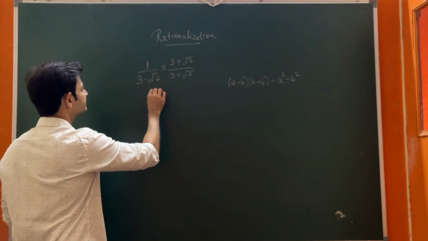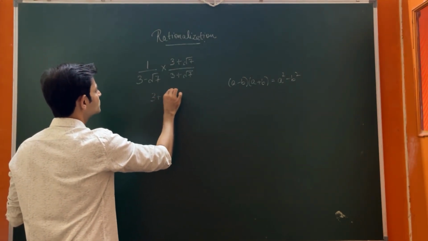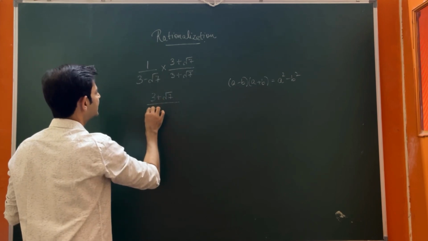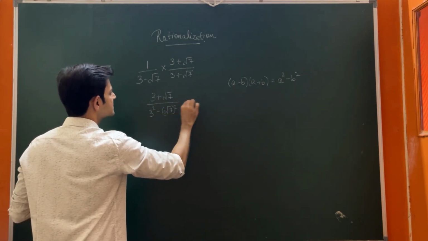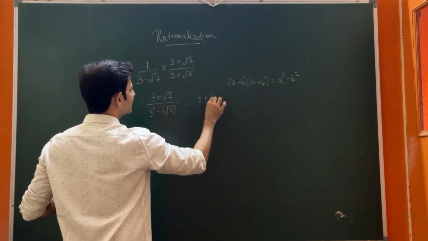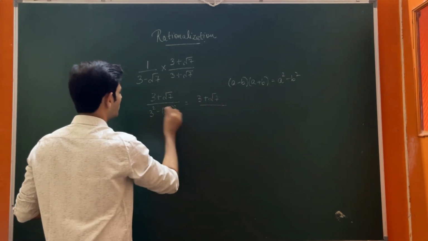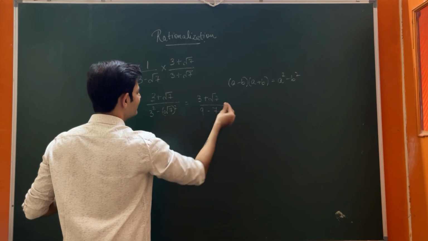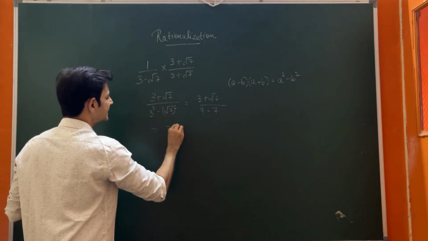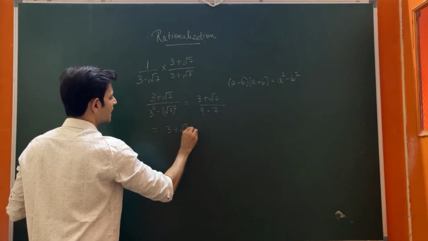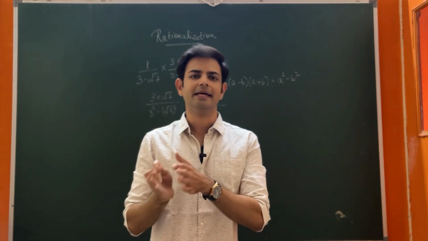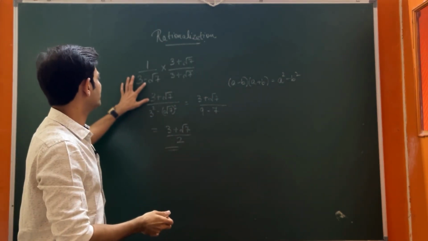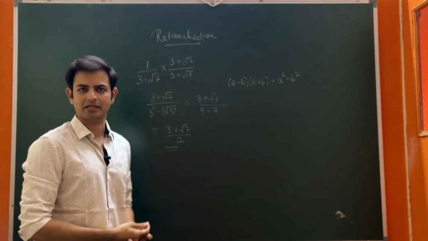So this will become 3 plus root 7 upon 3 square minus root 7 square. This is equal to 3 plus root 7 upon 9 minus 7. So my answer is 3 plus root 7 whole upon 2. If I am supposed to rationalize the denominator here, this will be the final answer.